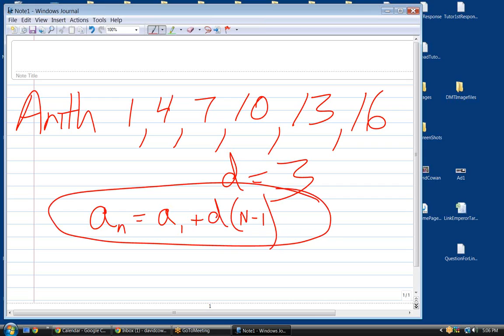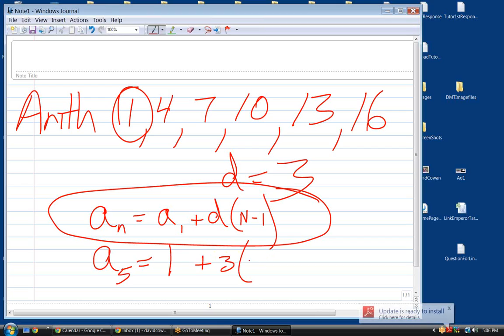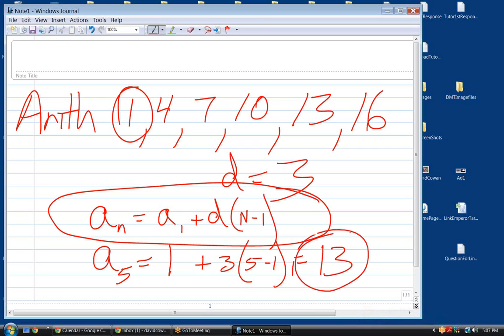Notice that if I wanted the fifth term of this sequence, a sub 5, I would plug in the first term, which is 1, plus the common difference, that's 3. It's the fifth term, so my n is 5. That is 3 times 4, which is 12, plus 1, that's 13.